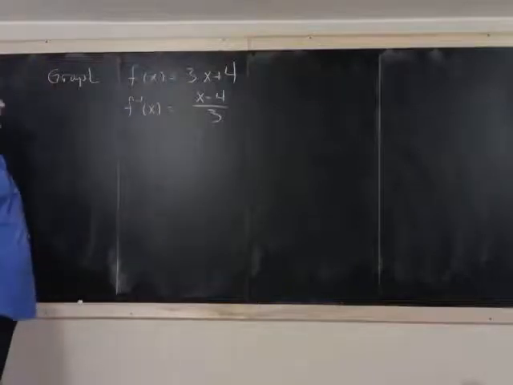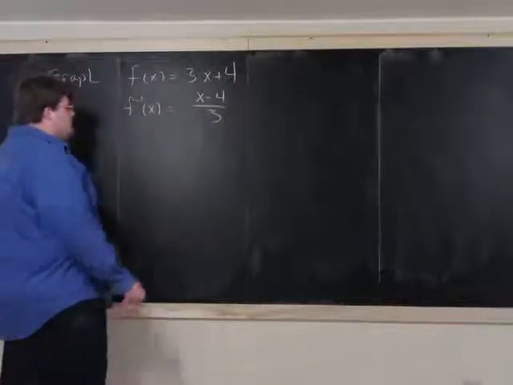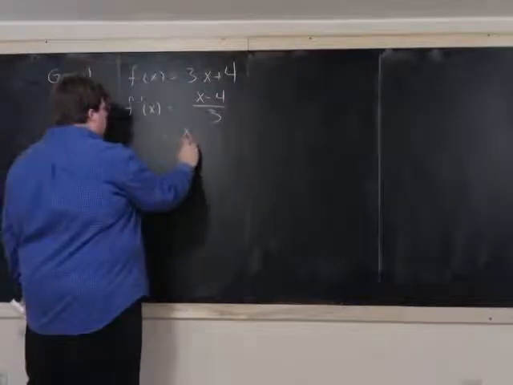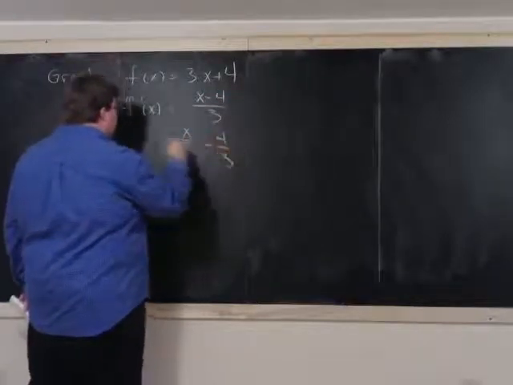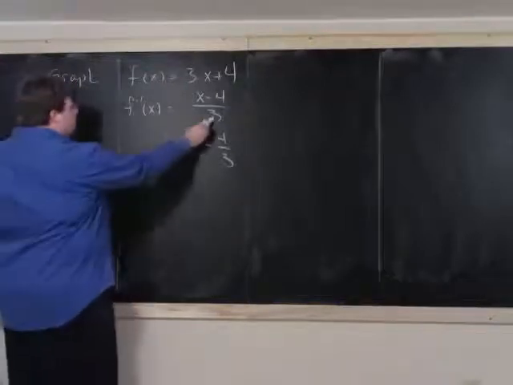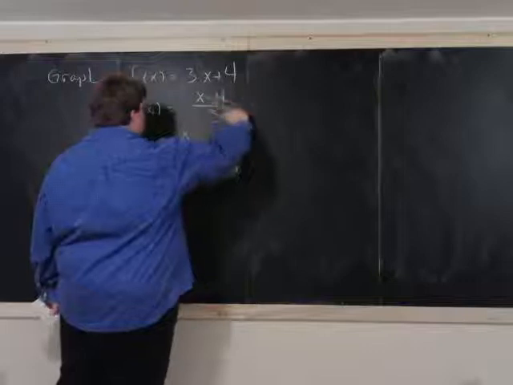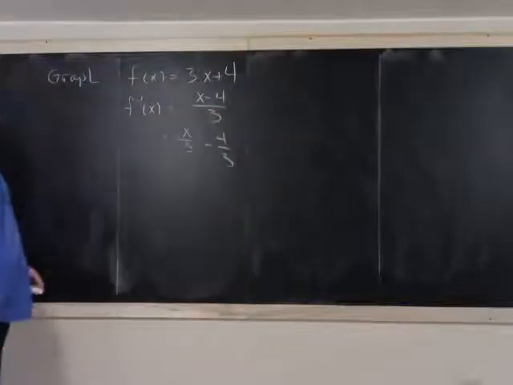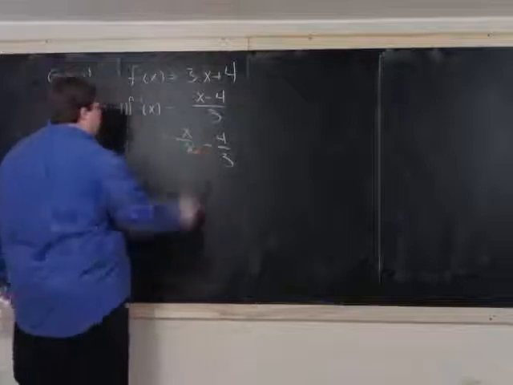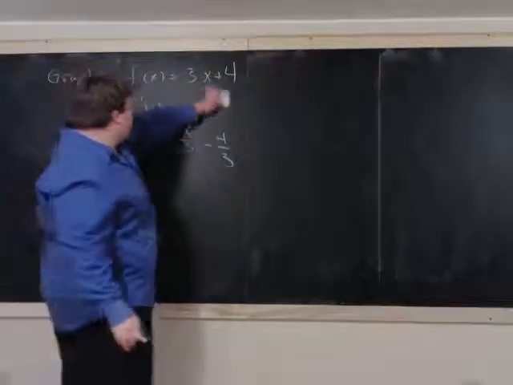The second one is not obviously a line when it's written like this. But let's reduce this fraction. We can reduce that fraction by doing one of these things. That wouldn't work the other way if it were 3 over x minus 4. Just this way. You can get rid of that.